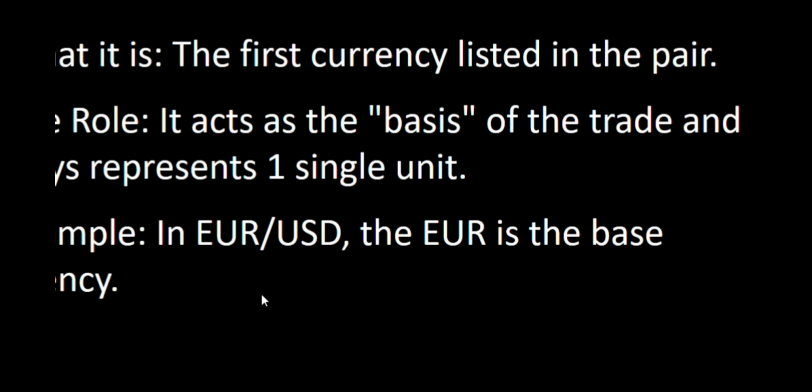Just look at this example: I have Euro USD. So this Euro here stands as the base currency. Euro always stands as the base currency when it's written like this. It acts as the basis of the trade and always represents one single unit. Example, in Euro USD, the Euro is the base currency.